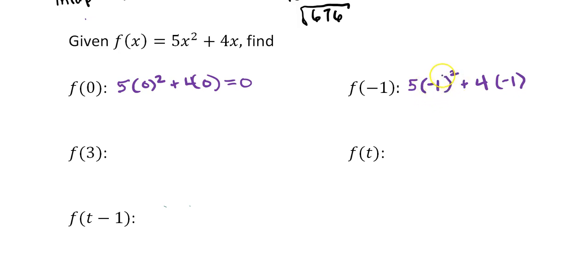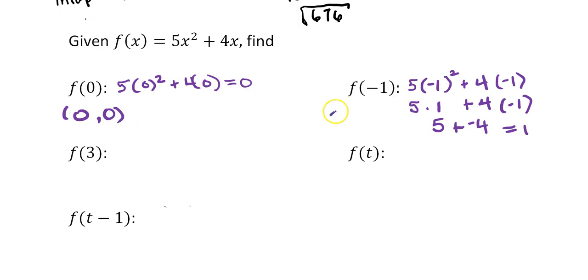Here we're going to multiply -1 times -1, which becomes a +1, which is going to help clear that up. And then here is going to be a -4. So here I'm going to have 5 plus a -4, which is going to get me a 1. All right, so this one is 0, 0. This one is -1, 1.